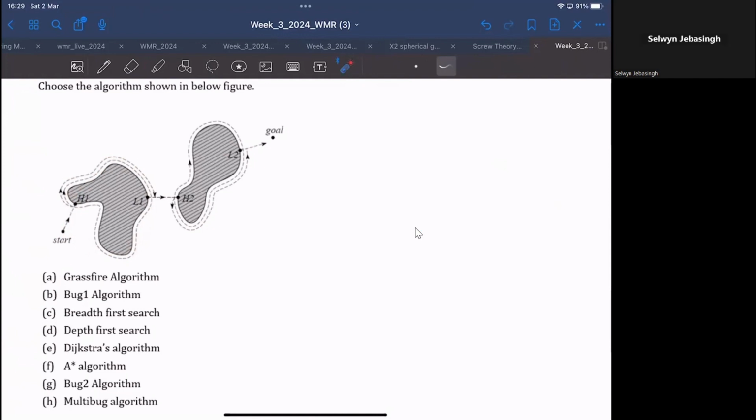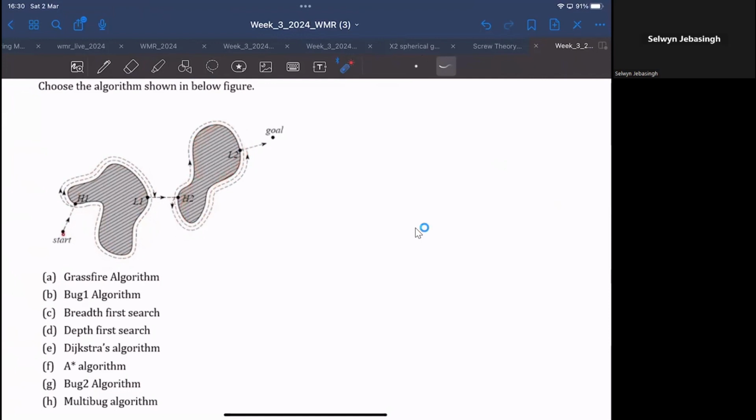There is for sure one complete loop going around this obstacle, and here you can also see at least one full loop around the second obstacle.